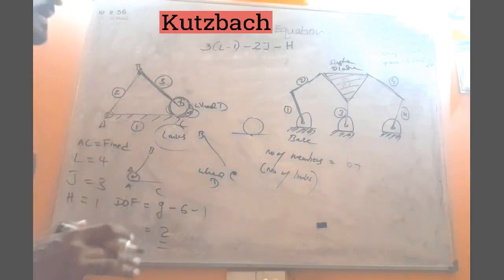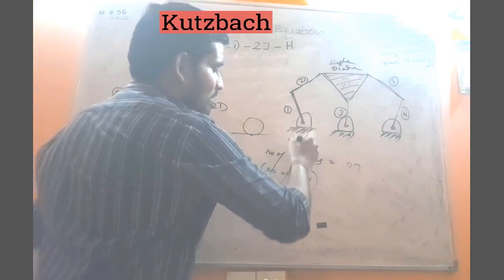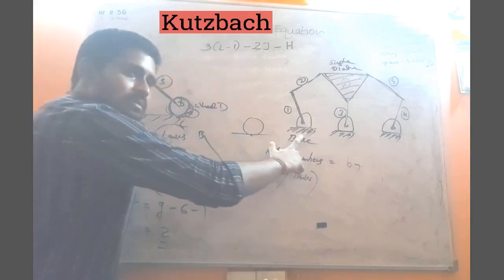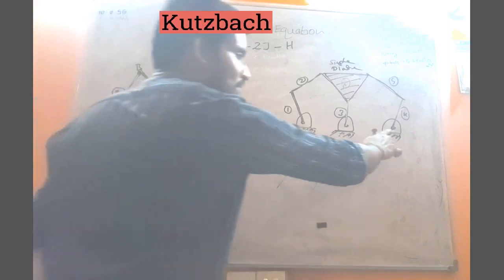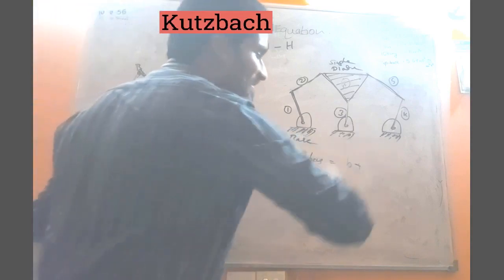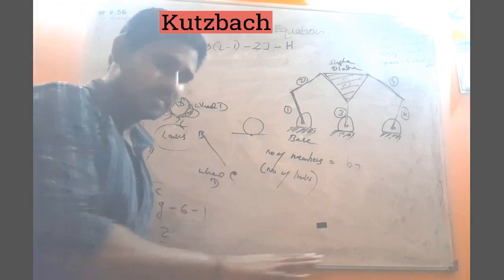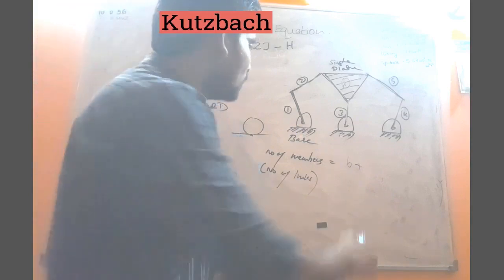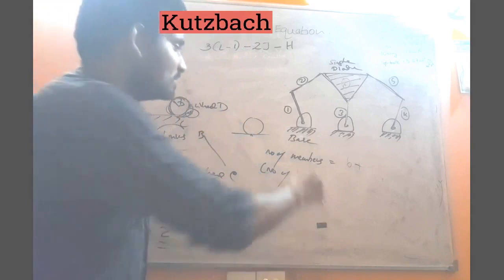But be very careful: here we have one base, here we have one base, and here also we have one base. But all these three are on the ground, at rest, because the base is not moving.